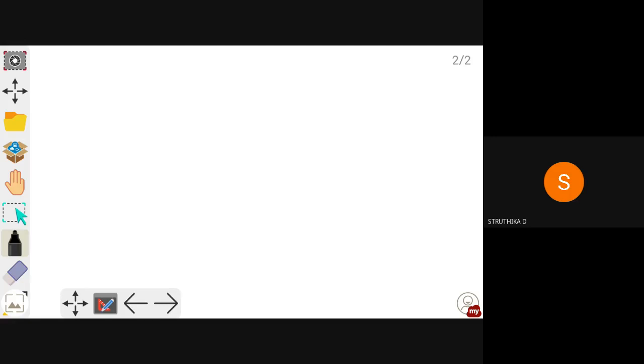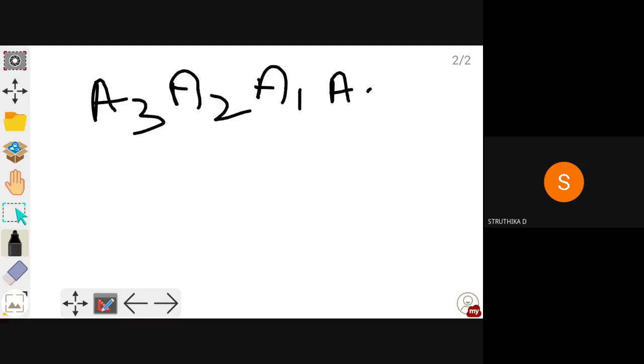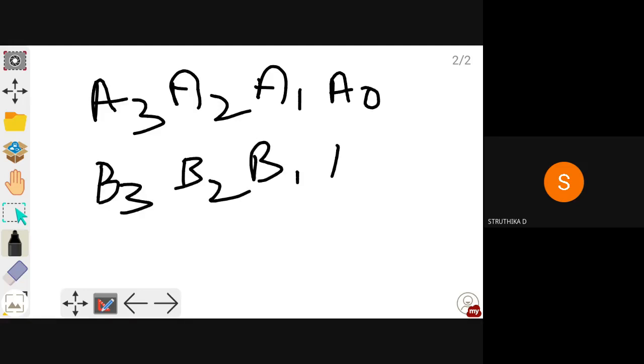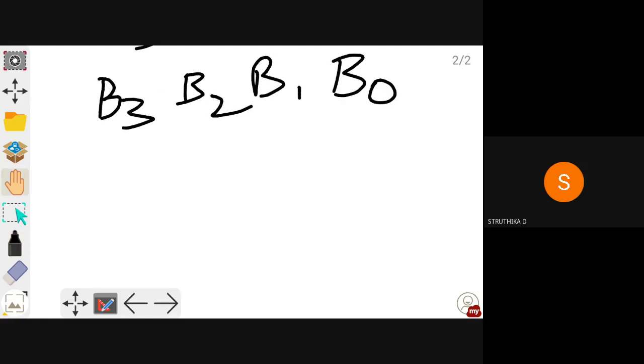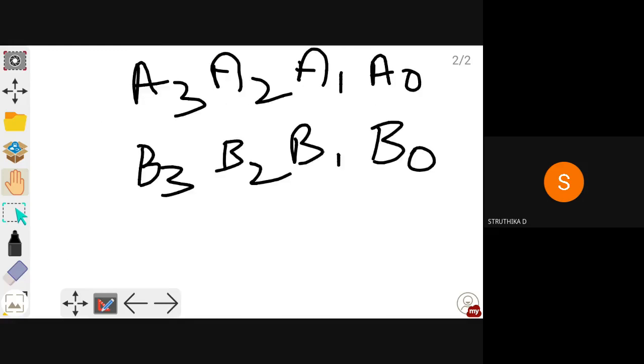So a greater than b, how will you find it manually? You take bits a3, a2, a1, a0, then b3, b2, b1, b0. So these are the two 4-bit numbers. So a greater than b. Let us see how we would check manually. That is, a greater than b means a is 1, b is 0.